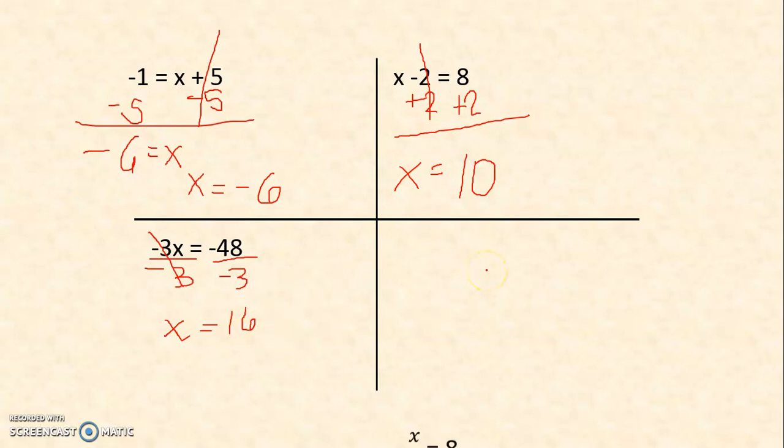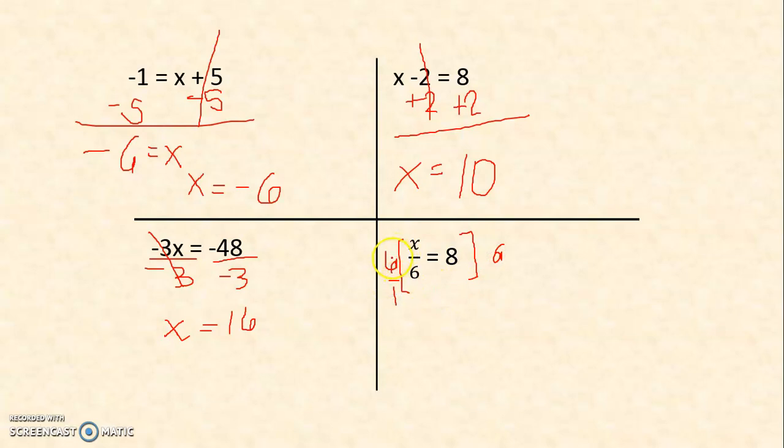The last one we have here, x over 6 is equal to 8. The operation between x and 6 is division. So we're going to get the inverse of division, that is multiplication. We're going to multiply both sides of the equation by 6. What is the denominator of 6 here? That is 1.